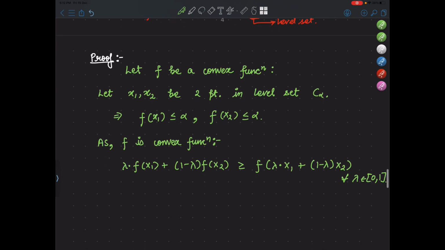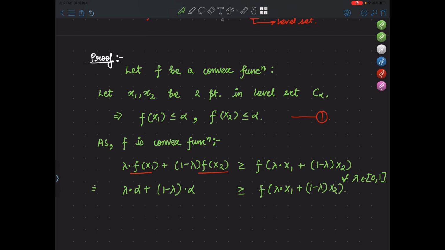Now let's call this condition 1. Both f(x1) and f(x2) are less than or equal to alpha, which implies we can convert this into lambda times alpha plus 1 minus lambda times alpha is greater than or equal to f of lambda times x1 plus 1 minus lambda times x2.